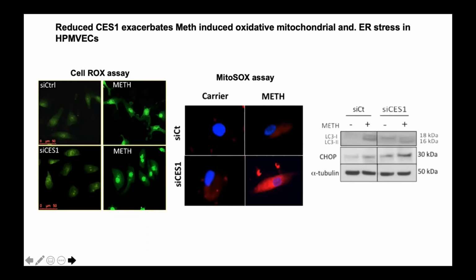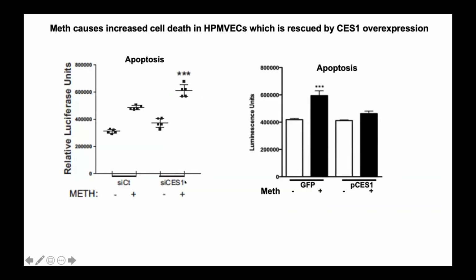Moving forward with functional assays, we also found that when we expose SES1 knockdown cells to meth, there is increased cell death, which is rescued when we treat the cells with plasmids overexpressing SES1.